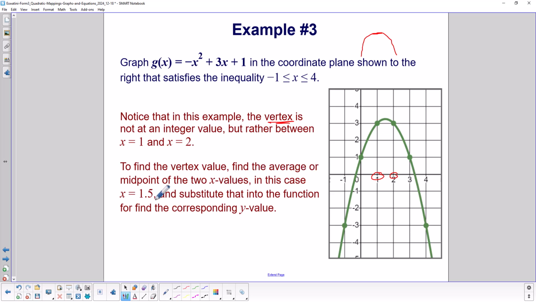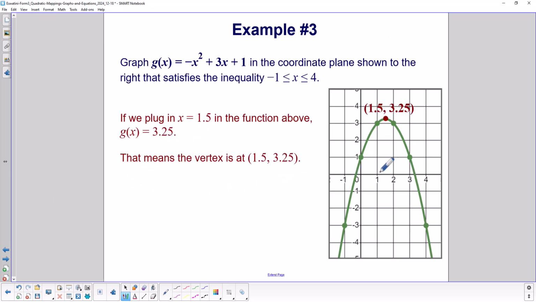In this case, x is equal to 1.5, and substitute that into the function to find the corresponding y value. So when we plug in x is equal to 1.5 in the function, g of x here, we get g of x is 3.25. That means the vertex is at 1.5, 3.25.